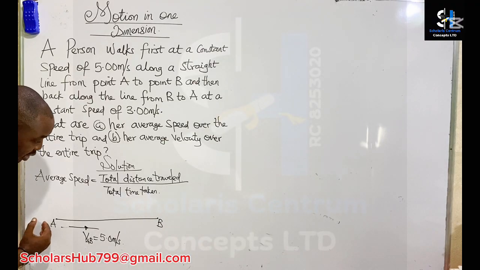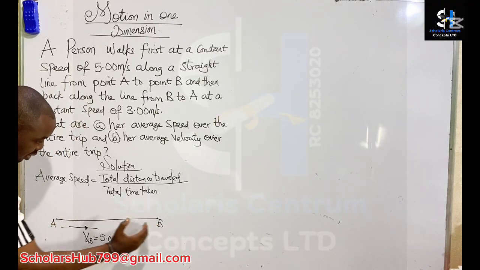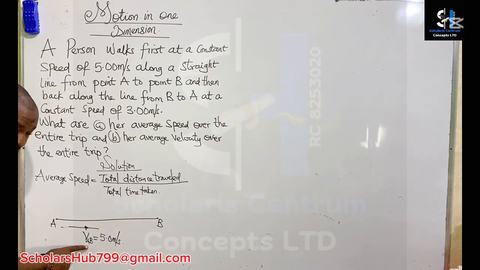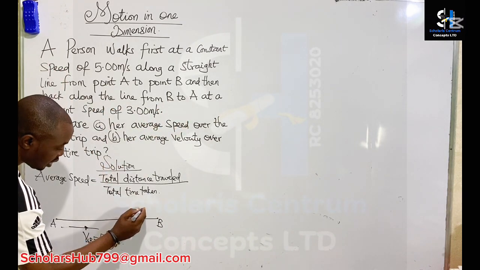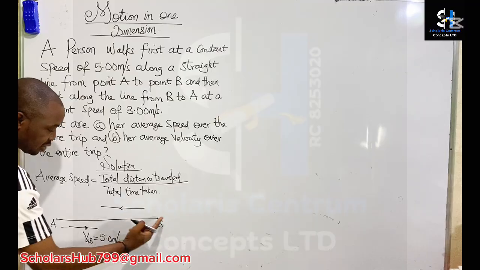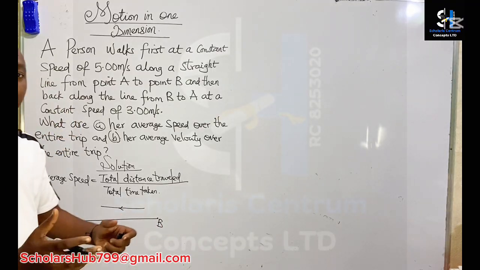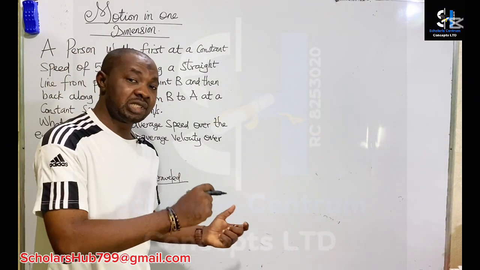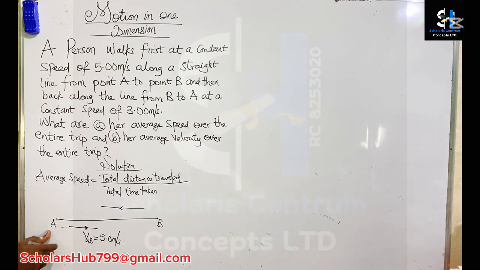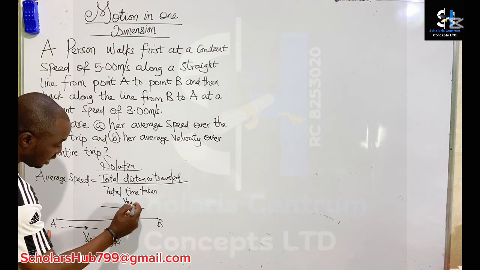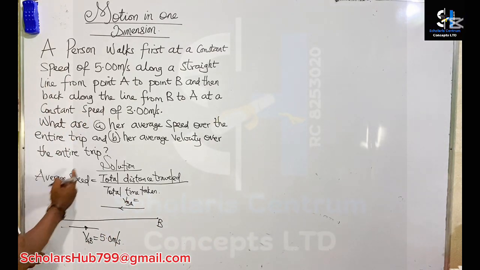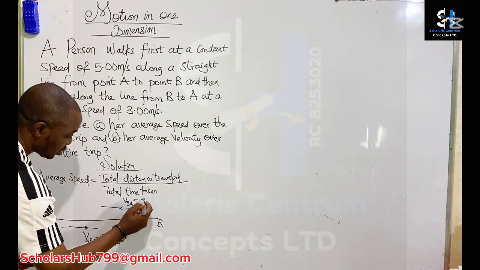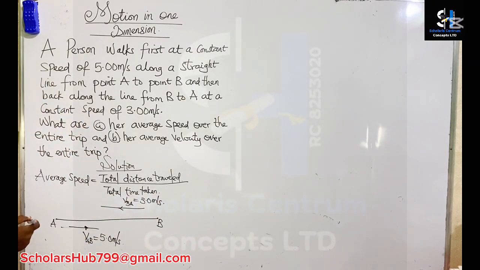The person walks from A to B at 5.0 meters per second, and then back along the line from B to A. That means the walker returns to the starting point, point A, at a speed BA equal to 3.0 meters per second.